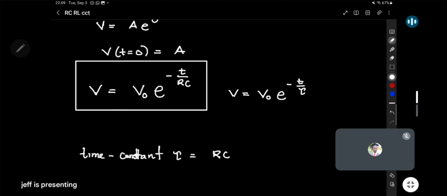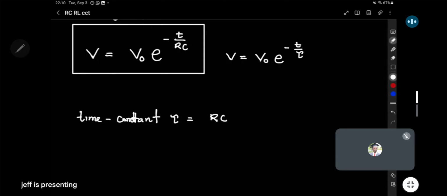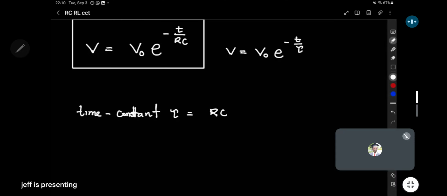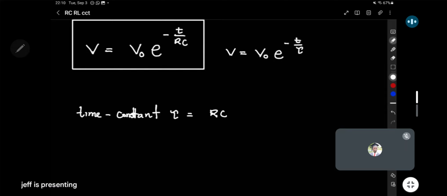If you're wondering what that time constant is, the time constant is the time in seconds that is required for the response to decay to a factor of 1 over e, or it is the time required for the voltage here to reduce to 36.8% of the initial value.